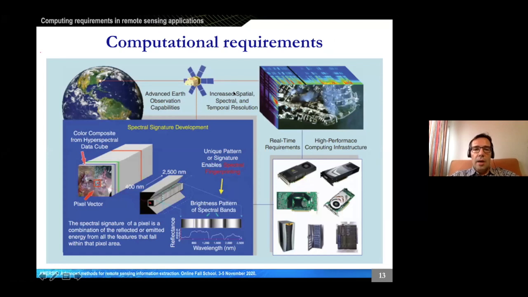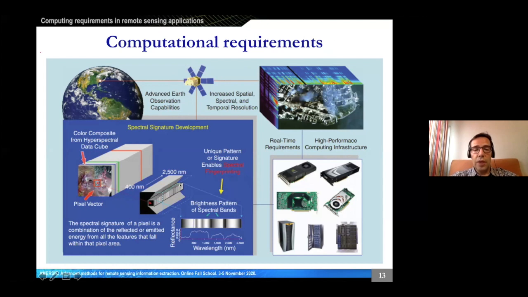So for the computational requirements, there are many different ways that we can think about this, because of course we can decide about many different kinds of high performance computing architectures to process the data. As we know, the sensor collects the data in many spectral bands, so that each pixel is a combination of the reflected or emitted energy from all the features that fall within that pixel area.